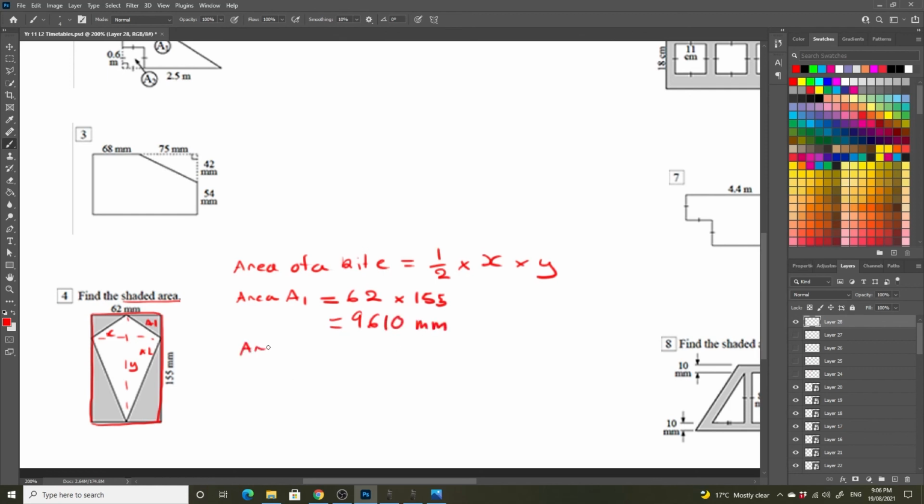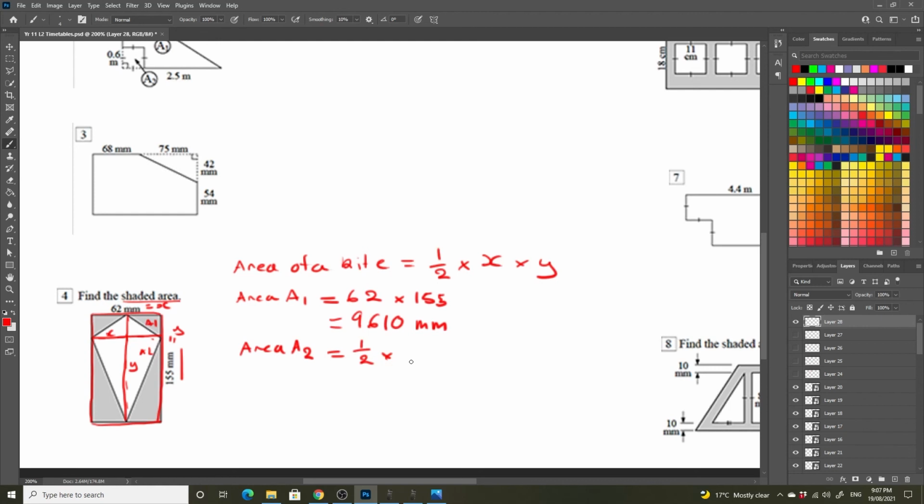Well, let's look at A2, which is our kite. It is going to be equal to half times the product of our diagonals. What are our diagonals? Well, we know that this length here is one of our diagonals, and it's exactly the same as this length here, and we know that this length here is the other diagonal. So this is equal to y, and this is equal to x.